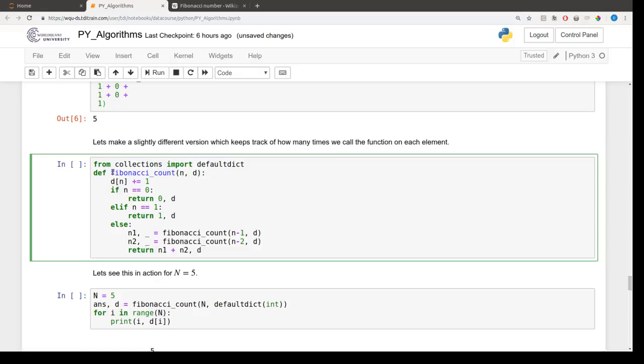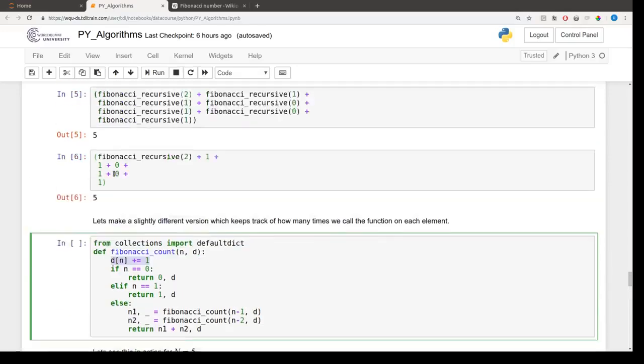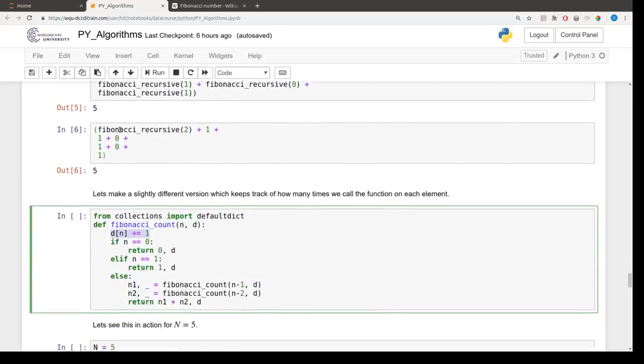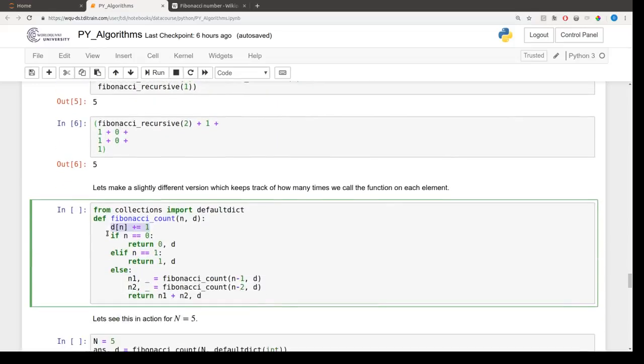So here we're defining a function called Fibonacci count. Essentially, for each time we make a call to Fibonacci recursive, this is replacing Fibonacci recursive, and it's just expanding a little bit on the functionality.